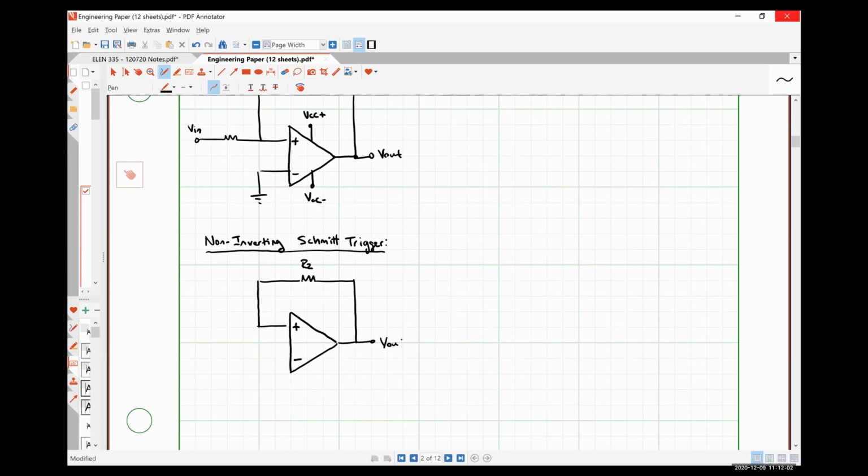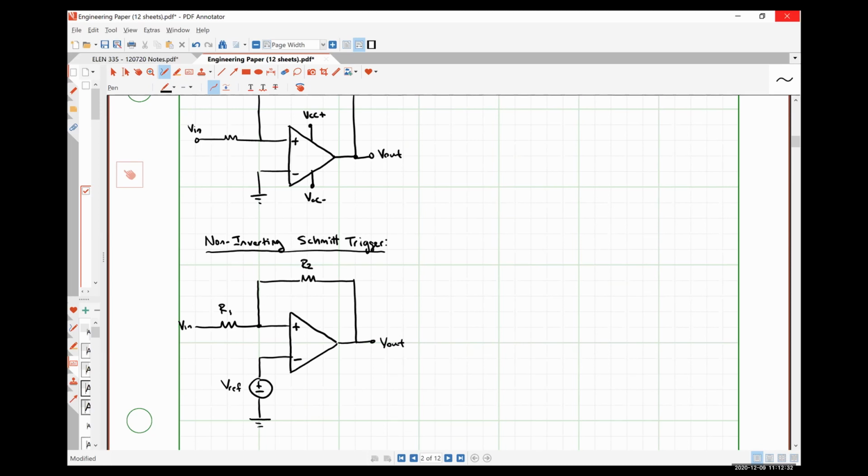Here's our output voltage. We're going to have a resistor R1. This is where we apply our input voltage. And then on our inverting input terminal, we also apply a voltage, and this is our reference voltage.